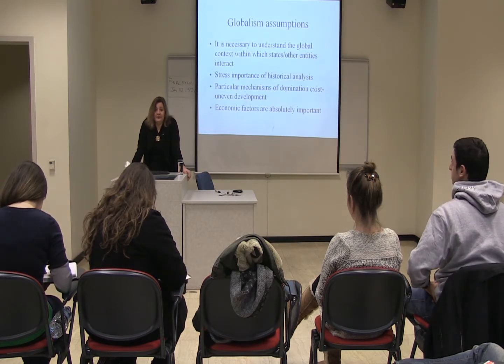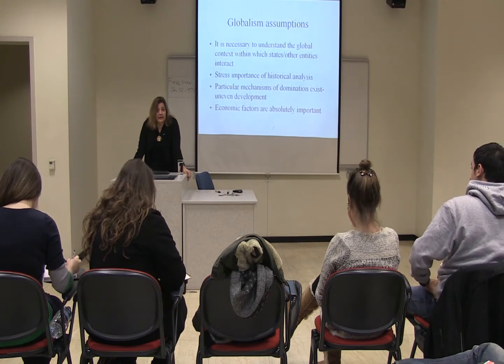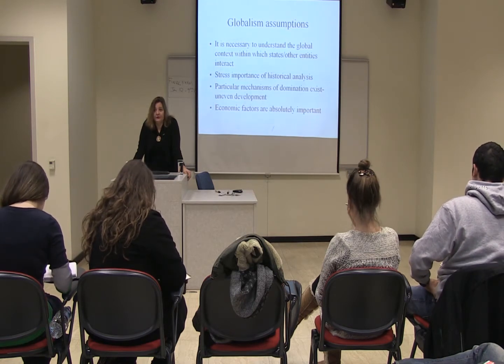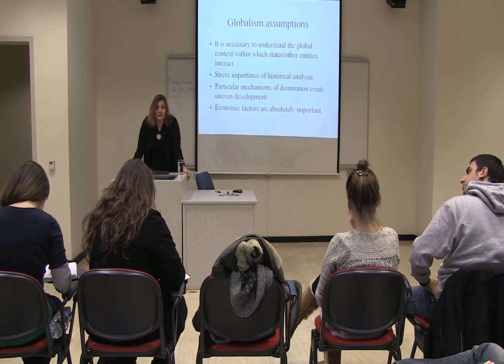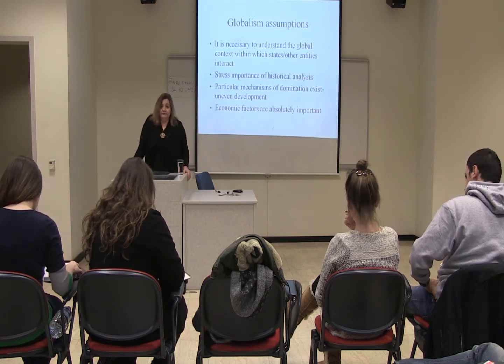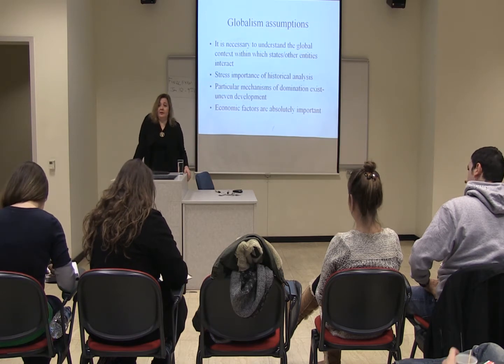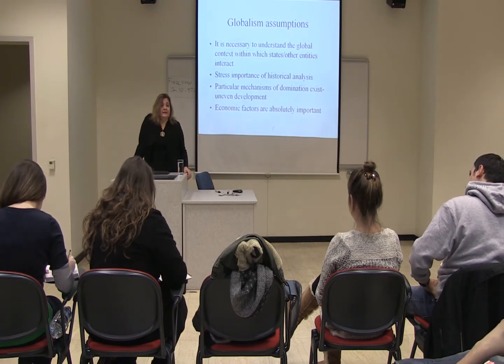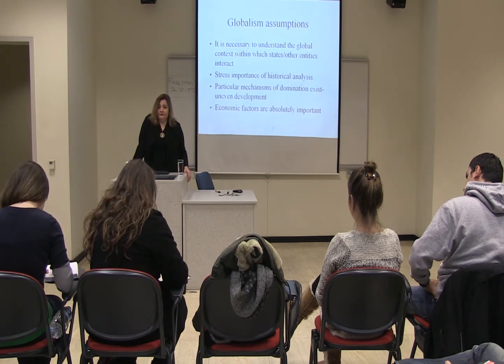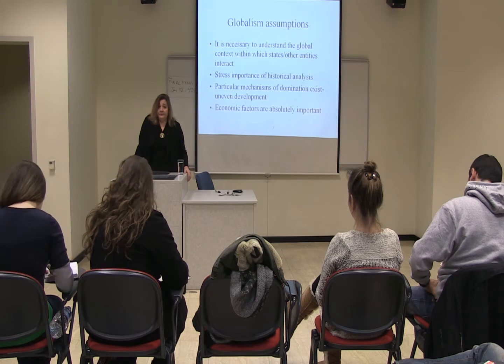Moravcsik, liberal theory of IR. What level is he? He's a state level theorist. He looks into the domestic bargaining calculations within the states. Bruce Russett, what level is he? Democratic peace theory. State. Okay? Who else did I teach you? Organski.